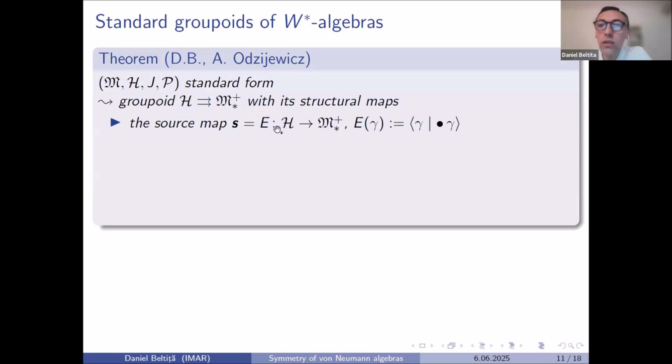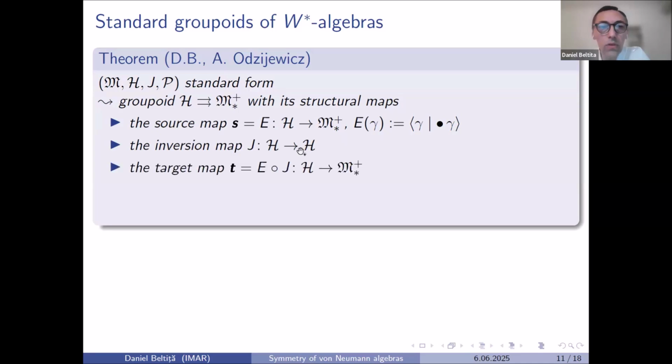The source is the previous map, which is given here. This quadratic map is the source. That is, we think of every vector in the Hilbert space as an arrow starting from this element in the predual. This involution is naturally the inversion map because it is involutive.